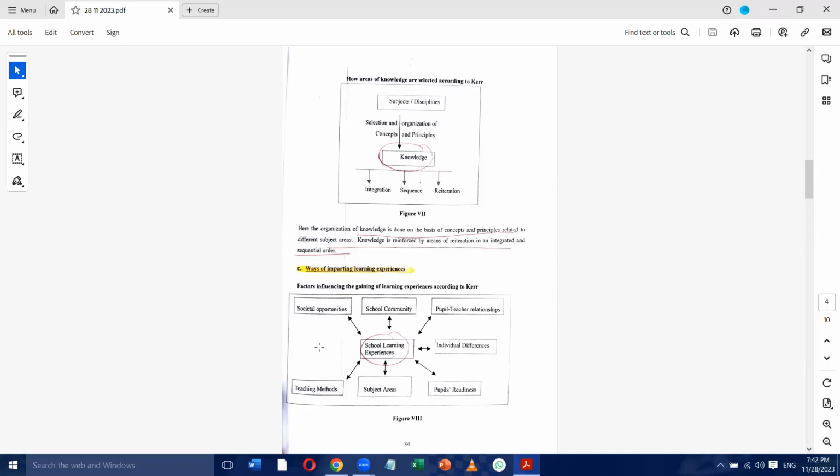It is what we call the field trip. So this is called the school learning experience, because you provide different learning experiences in order to attain the knowledge and the objectives. So that will come into the lesson planning or the curriculum planning. From the curriculum, you extract or filter out the lesson planning. So that is called the school learning experiences.